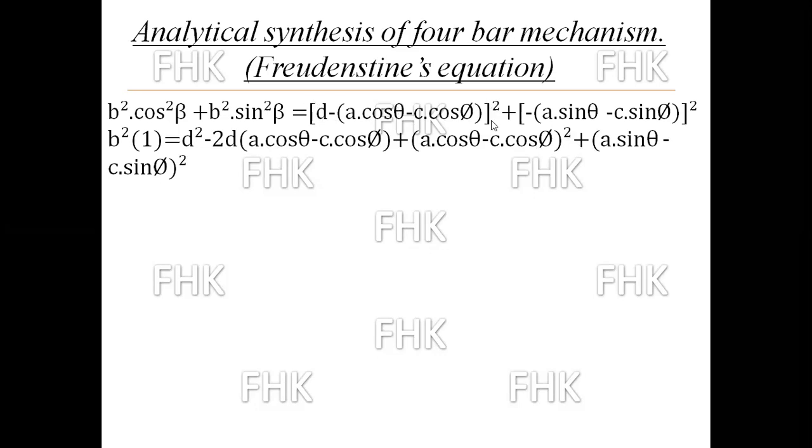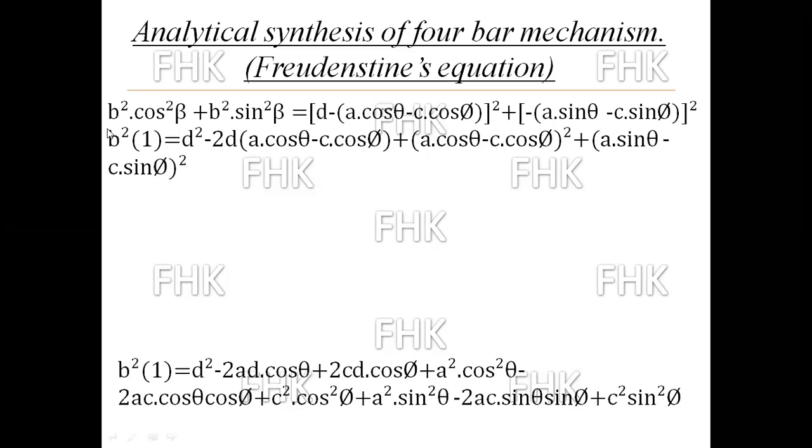This is the expansion of a minus b bracket square. Now squaring the second term, this minus minus will become plus, a sin theta plus c sin phi, square.